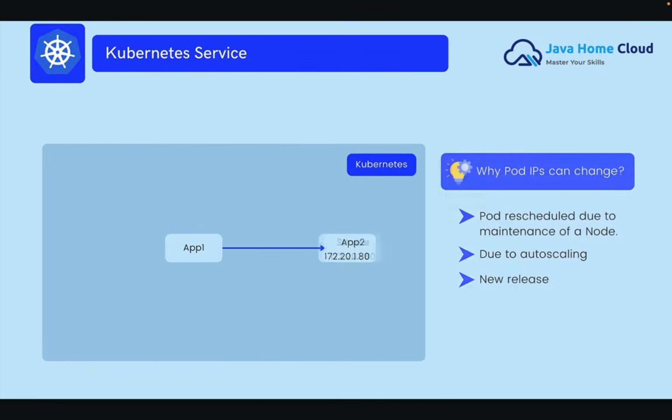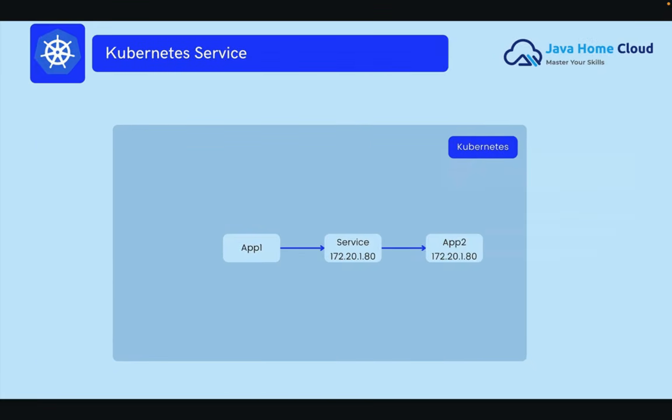So that's what Kubernetes has done. It came up with the concept of a service. This service is not a resource like a pod. A service will never go down. In the background, a service is simply a network rule with a stable IP address. How does it work?